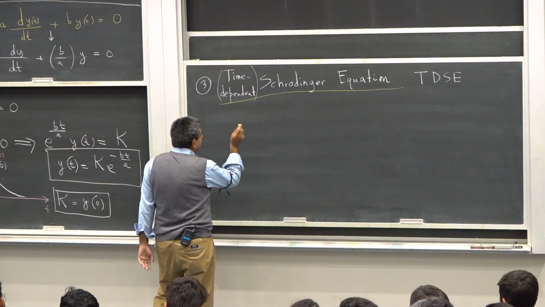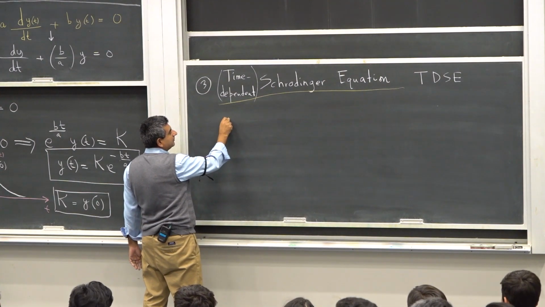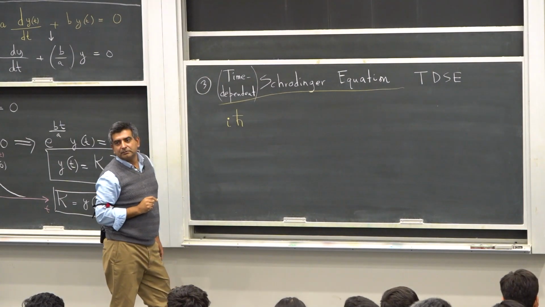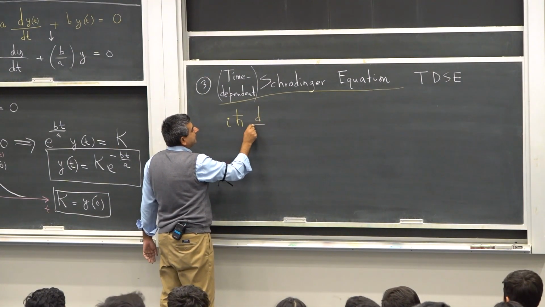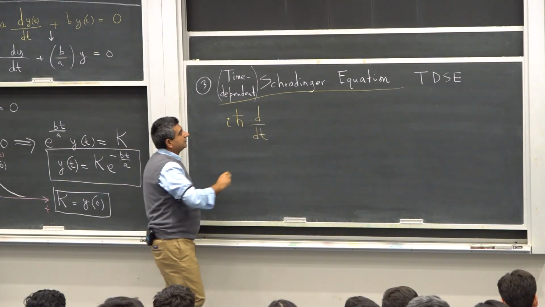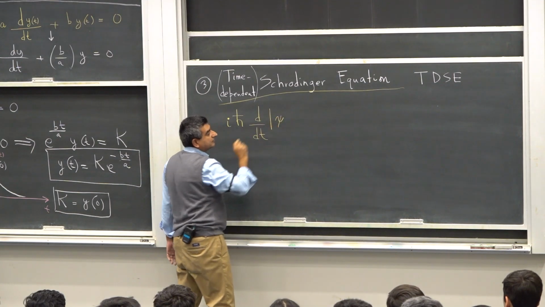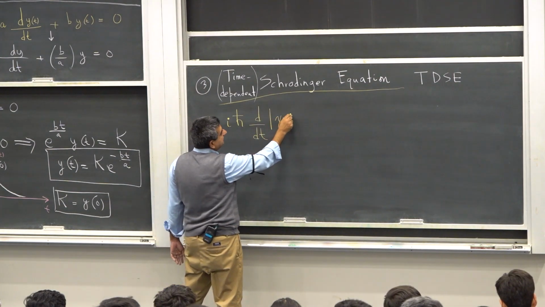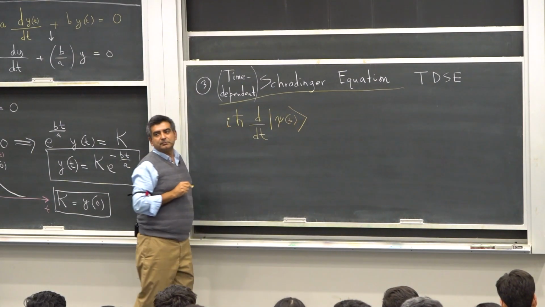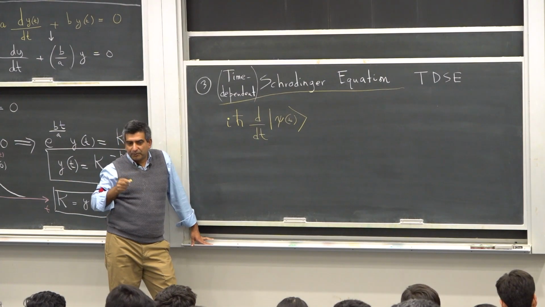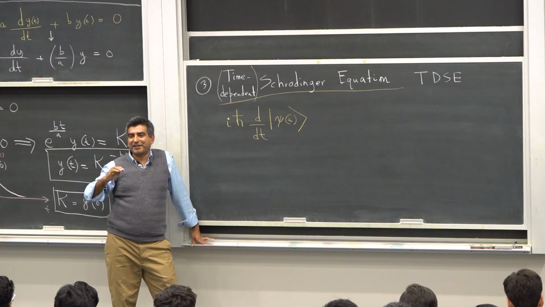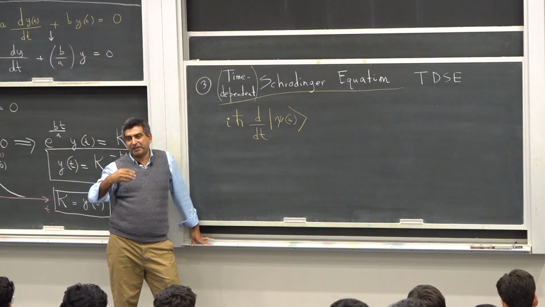So the time dependent Schrodinger equation is i h bar, the time derivative, of the time dependent psi, and since my state is a function of time, I explicitly write the time dependence: ket psi, but now psi is a function of time. When I transform quantum states, each transformation is happening in time.